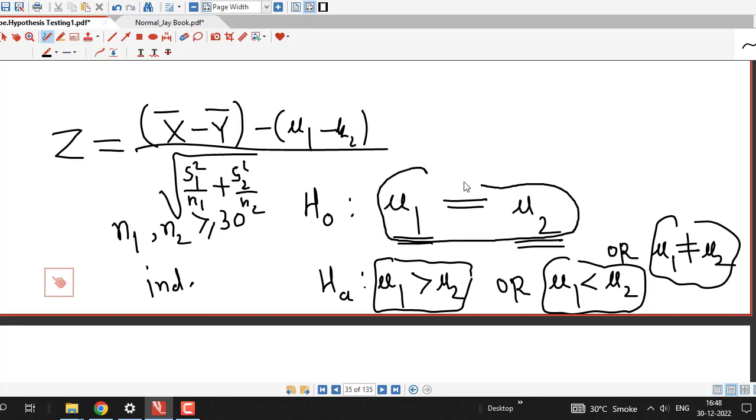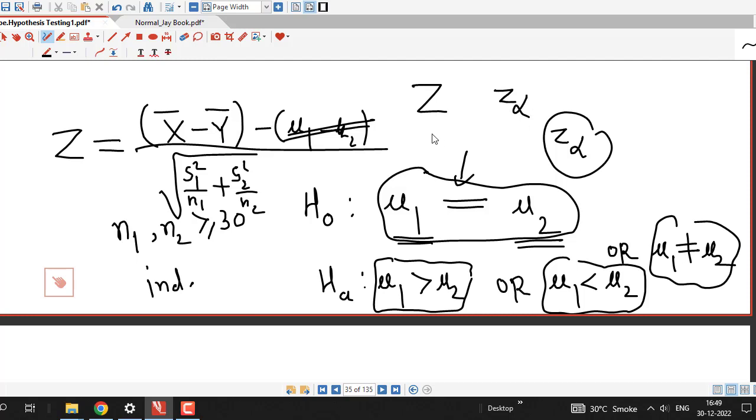And if we want to test this null hypothesis, this is going to be 0, and using the level of significance we will decide critical values of Z, and then we will compare this calculated value of Z with the critical value of Z.